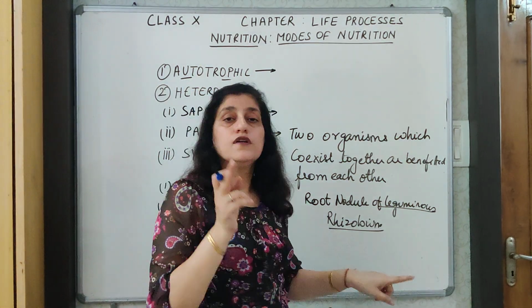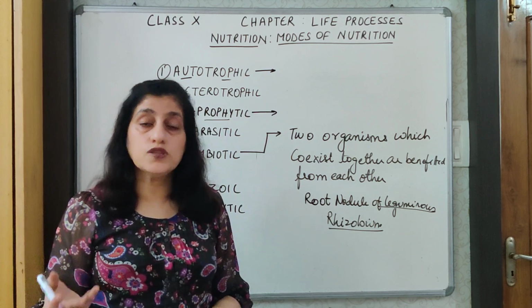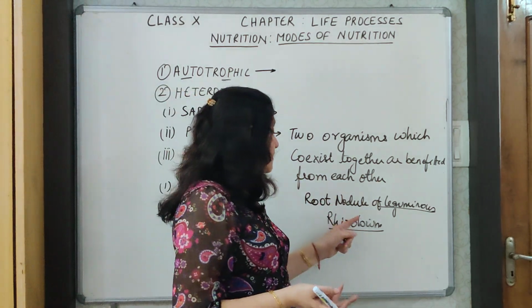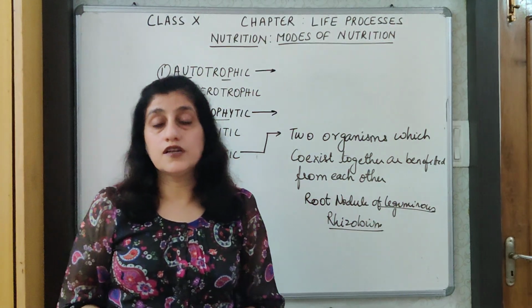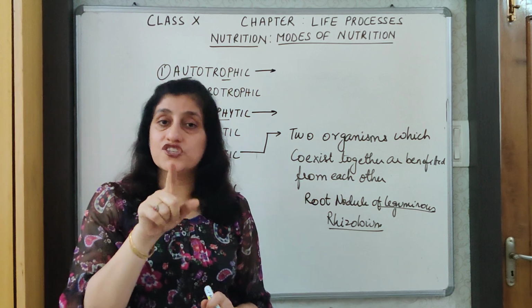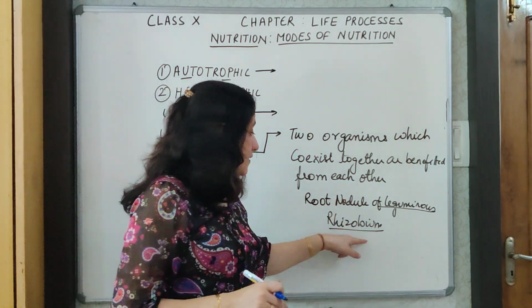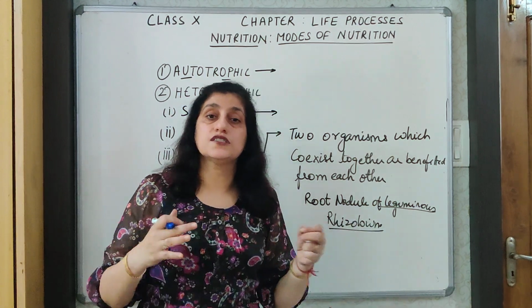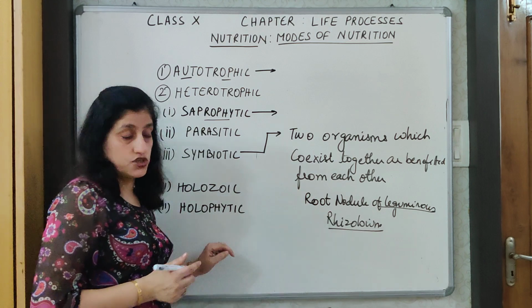The rhizobium provides nitrates to the plant for growth, that is nourishment, and in turn this bacteria takes prepared food from the leguminous plants. So it is providing nitrates and is obtaining shelter as well as nutrients from the plant. So one is helping the other, the second is helping the first. It is a beneficial relationship, an example of symbiotic relationship.